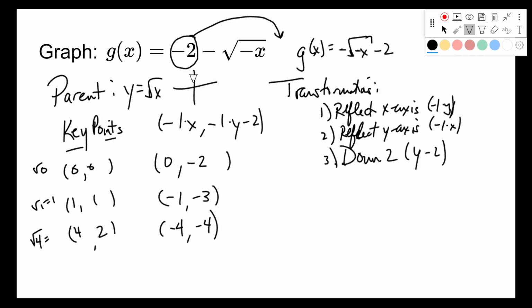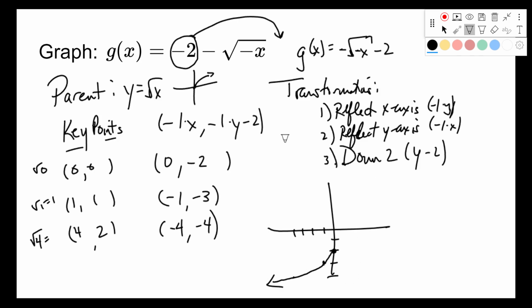My parent graph, y equals square root x, normally looks like that. So we should get something that's similar to that, but it's going to be reflected a bunch of times, so we have to keep that in mind as well. So we got 0, -2, 1, -3, 4, -4. So my graph looks like that.